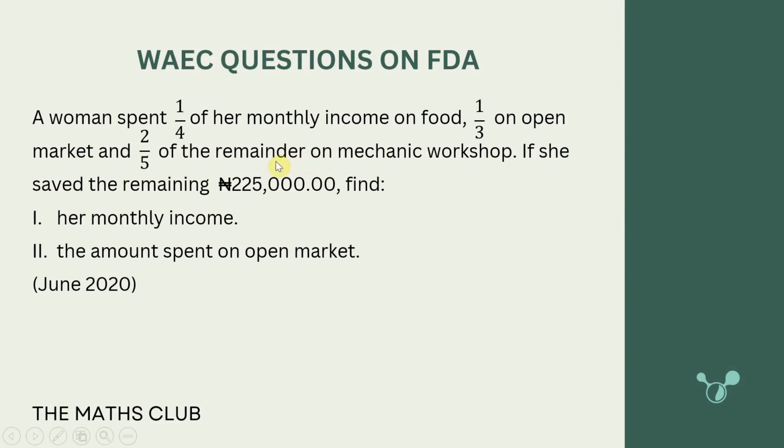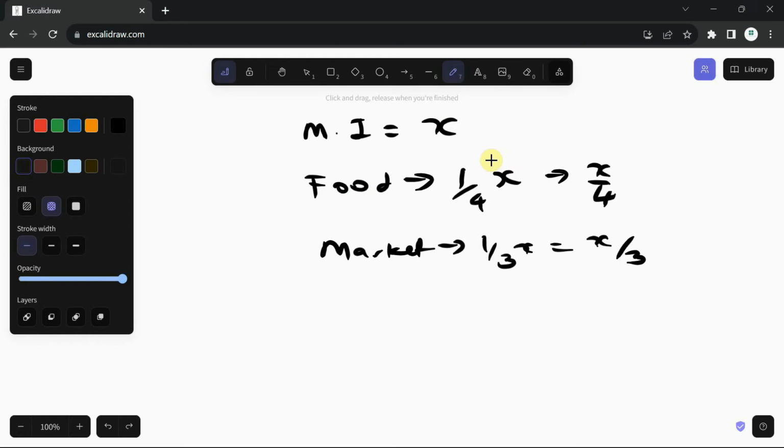And she now spent 2/5 of the remainder on the mechanic's workshop. So of the remainder, that means she first had x. Let's say she first had 5,000, for example. She spent 1,000 on food and 500 on the market. How much does she have remaining? She would have 5,000 minus the sum of these two, or 5,000 minus 1,000, then minus 500.